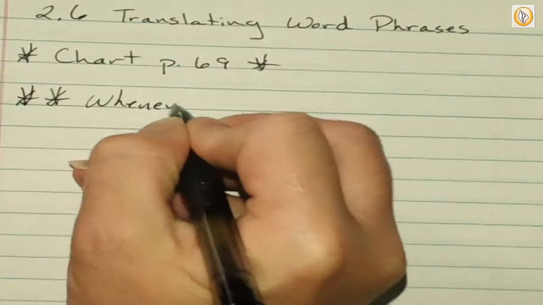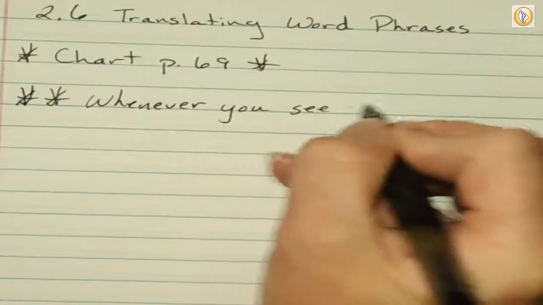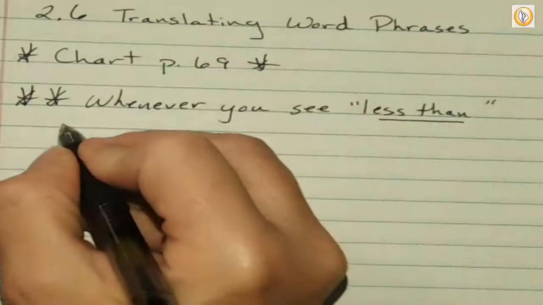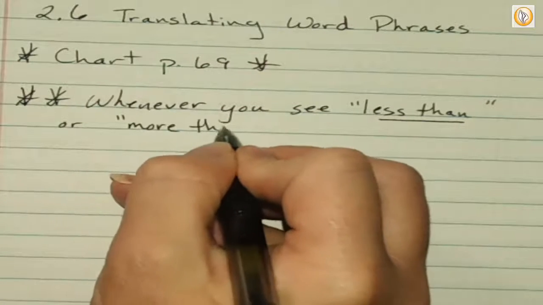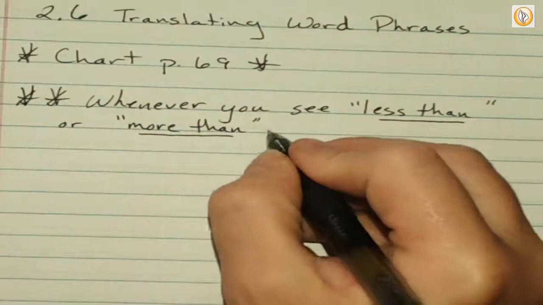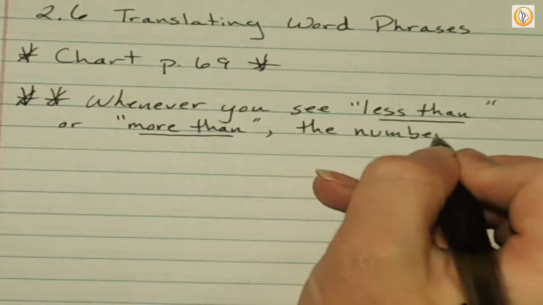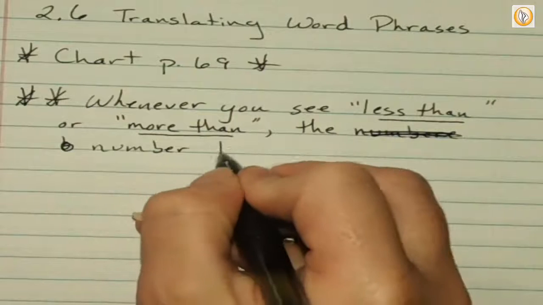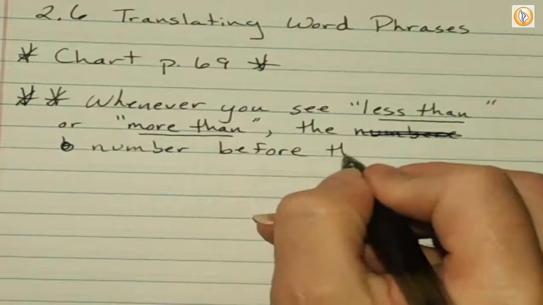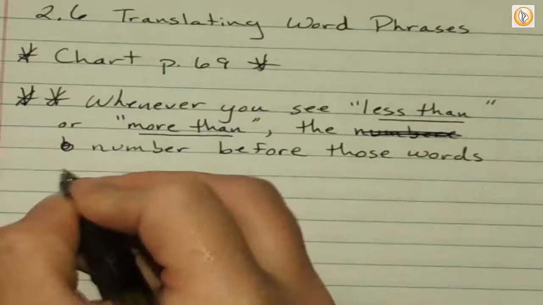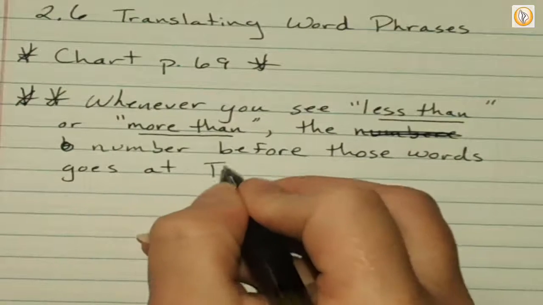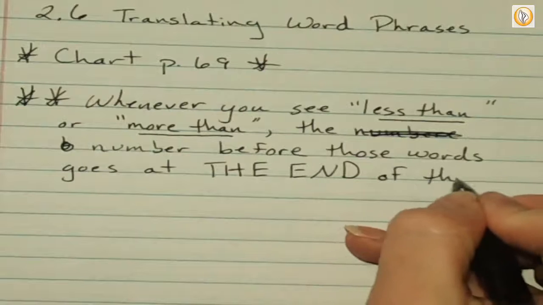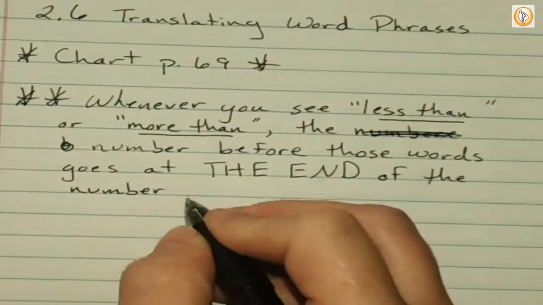Okay. Whenever, this is important, whenever you see less than or more than, remember those red flag words, the number, I misspelled number, the number before those words goes at the end of the number after those words.